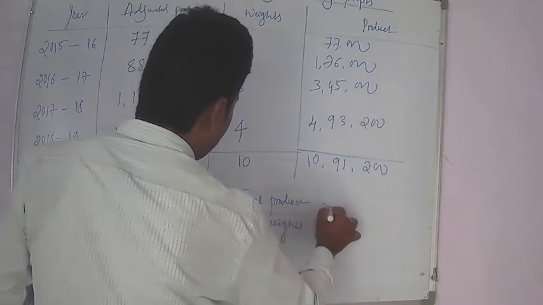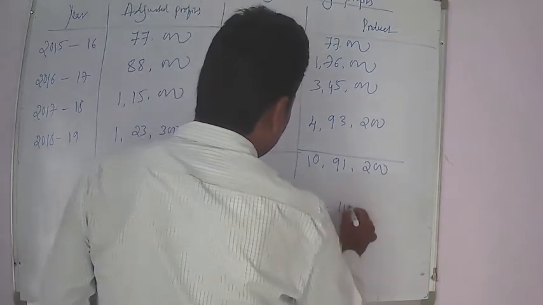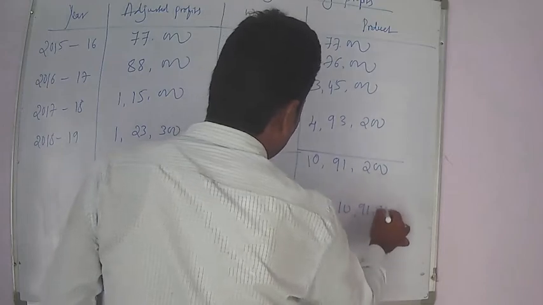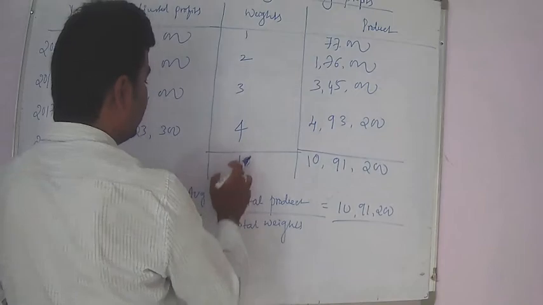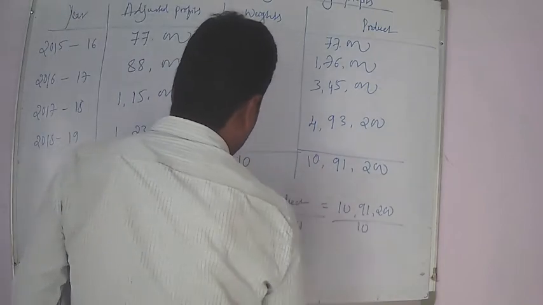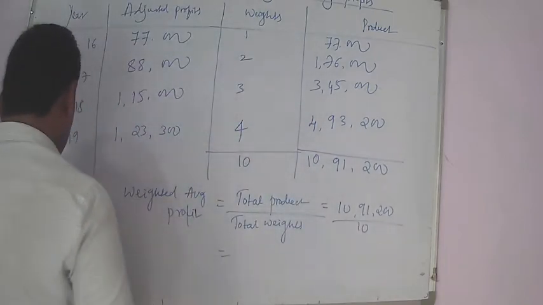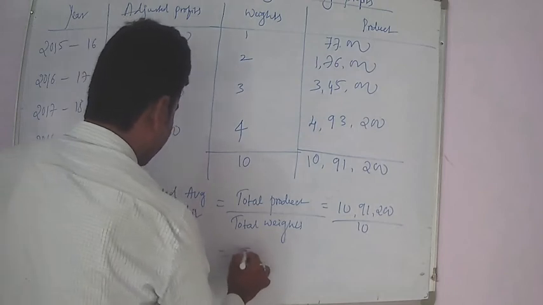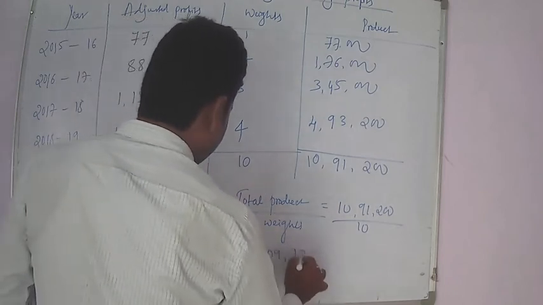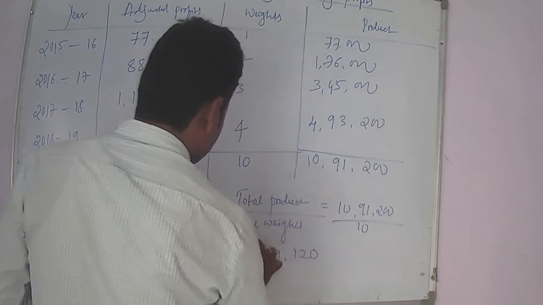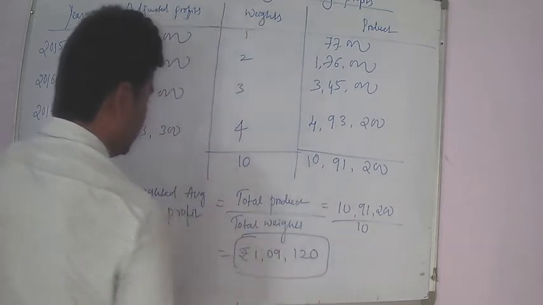What is the total product? It is 10,91,200. This is the total product and total weight is 10. What is the answer? It is rupees 1,09,120. This is the weighted average profit.